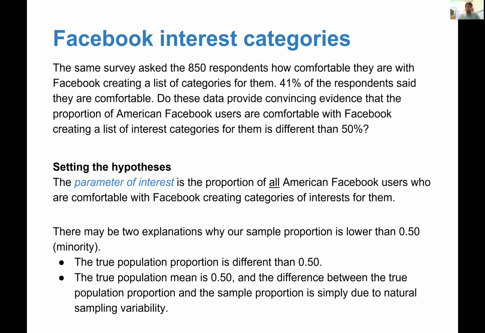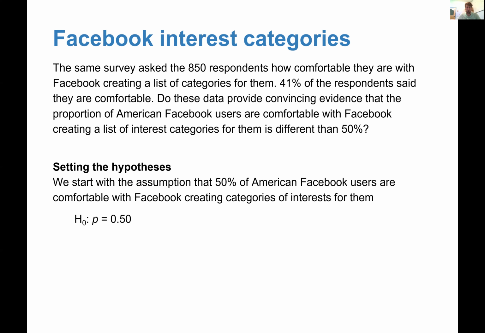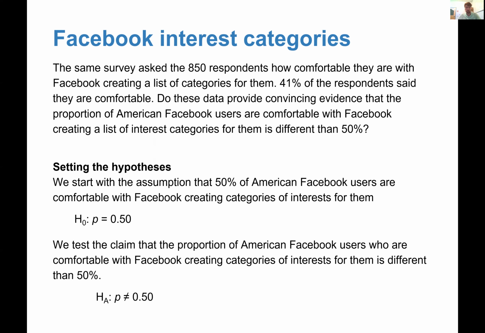Okay, so that means we set up our null hypothesis: not p hat, p hat is the sample, p is the true one. P is 0.5, and the alternative is that p is not equal to 0.5. Okay, so that's the first step, which is setting up our hypothesis.